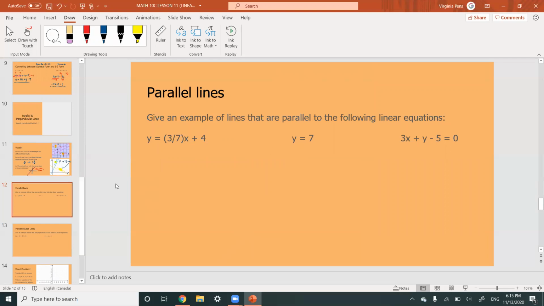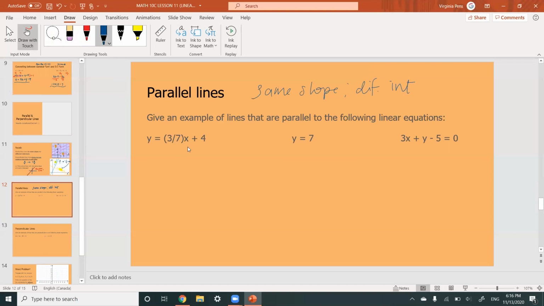So remember our criteria for parallel lines was it has to have the same slope, but different intercepts. Oh my gosh, you probably can't even read it. Different intercepts. Okay.